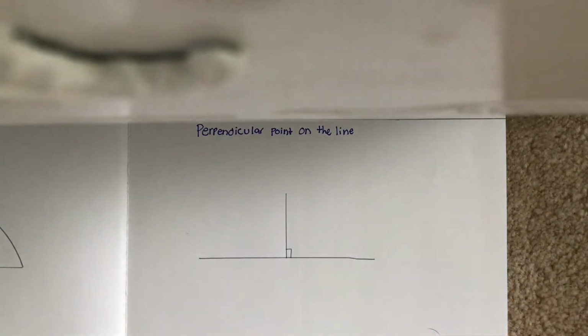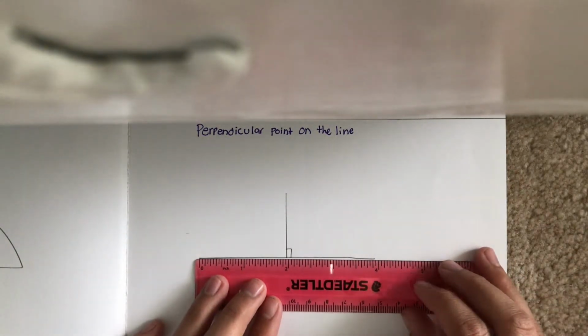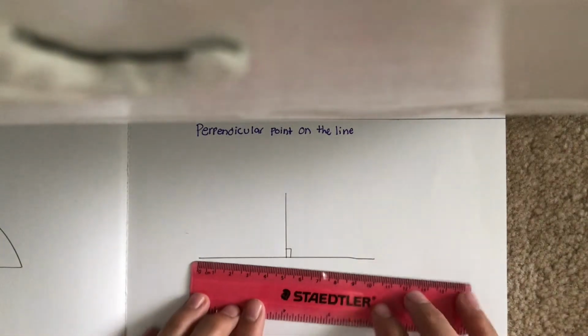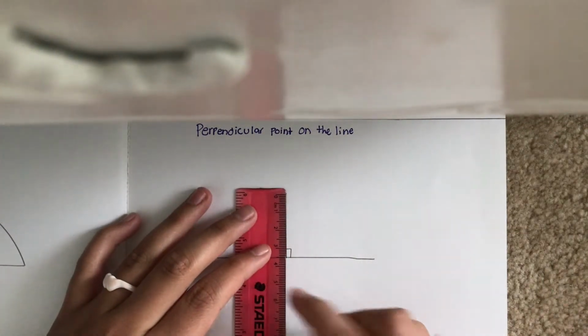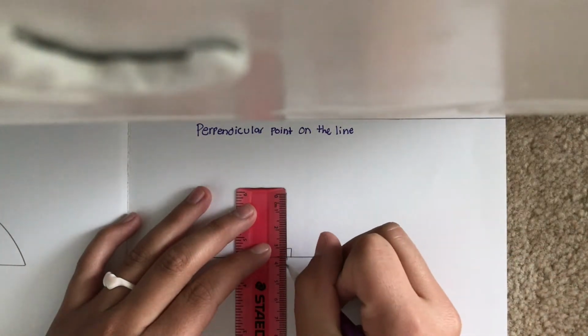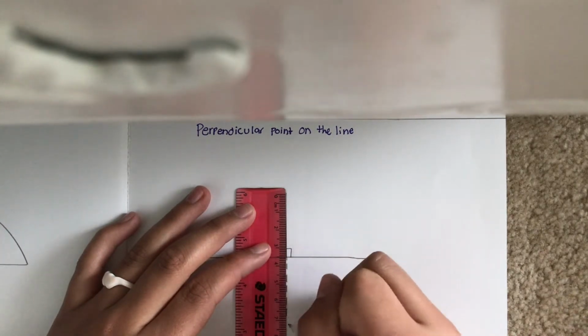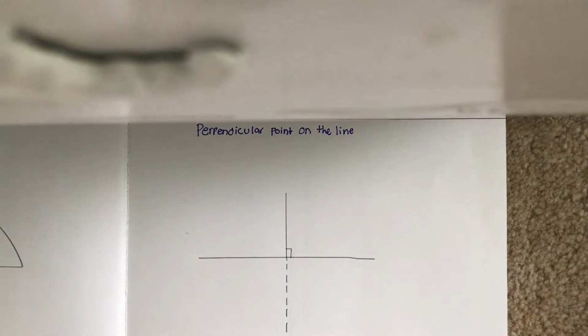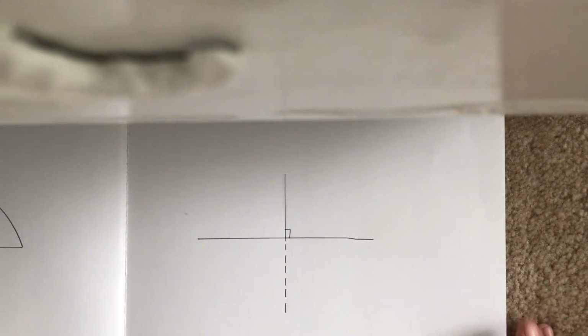Oh, that was kind of sad, but it's about the same. I just used that side. So yeah, it's about 10. Then I'm going to move this up a little bit.